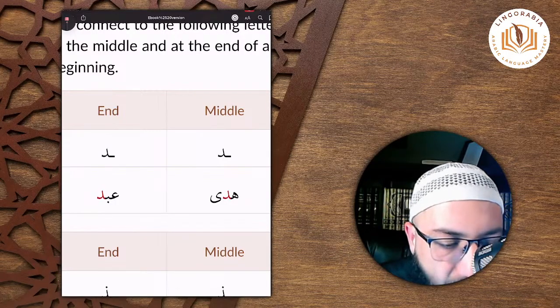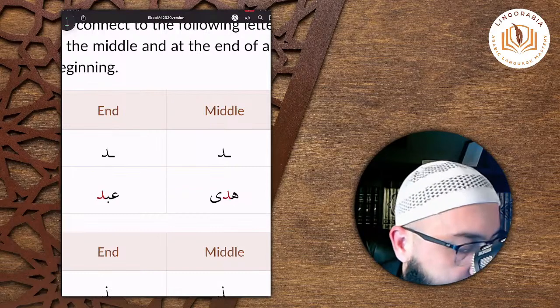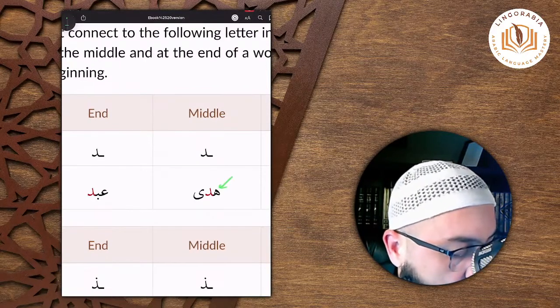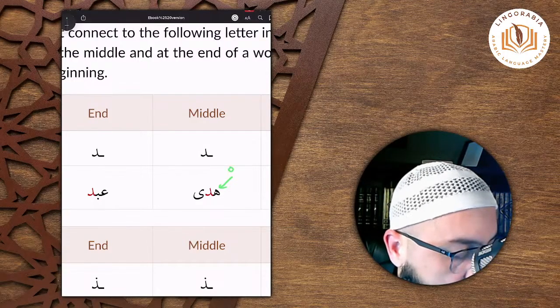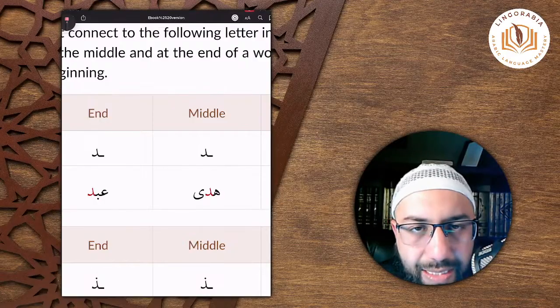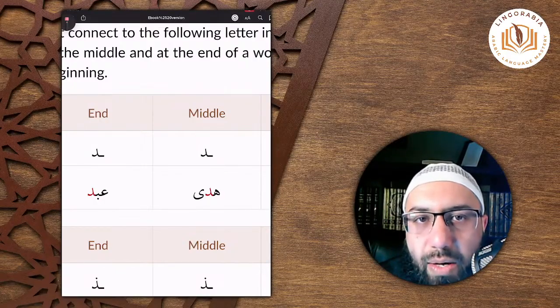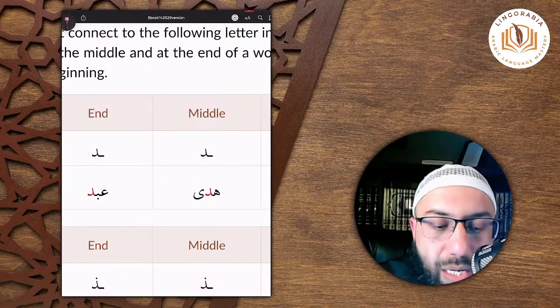What letter is it connected to in the middle? This is the letter ha. We will discuss this inshallah ta'ala, the shapes of these letters. Try to concentrate, guys, on the letter that we are covering, not the letters that you see in the surroundings.